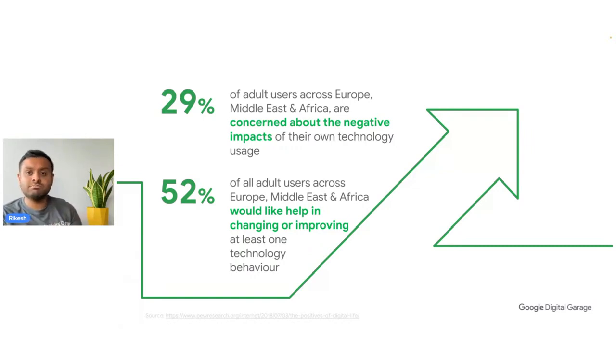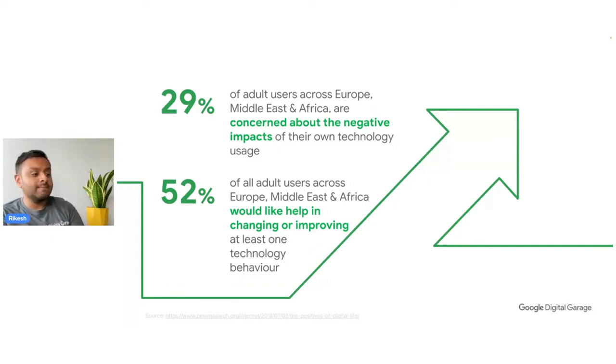People out there are becoming more conscious. I'm sure some, if not many, of you tuning in for this webinar fall into these brackets, because you've come along to attend this session on how to find your balance with technology.